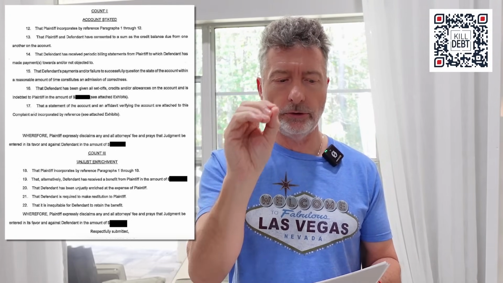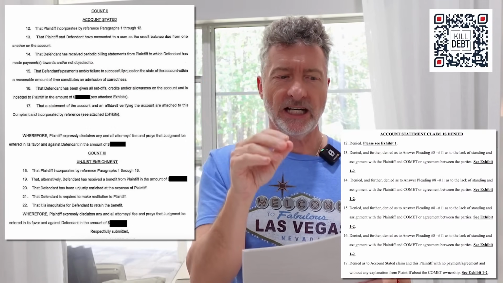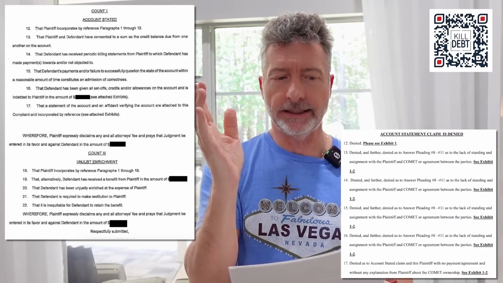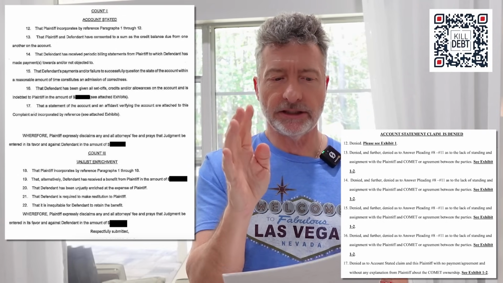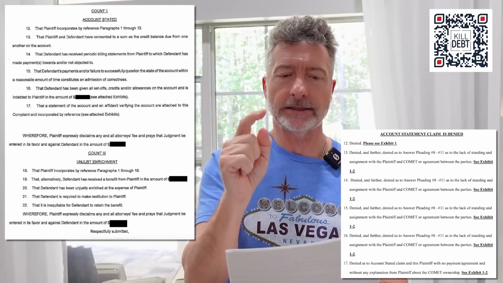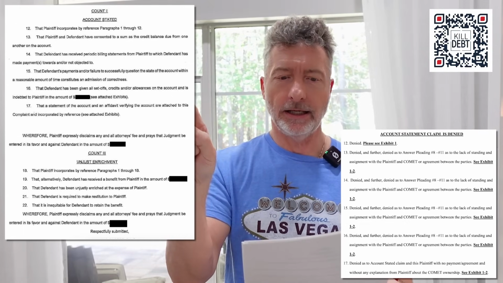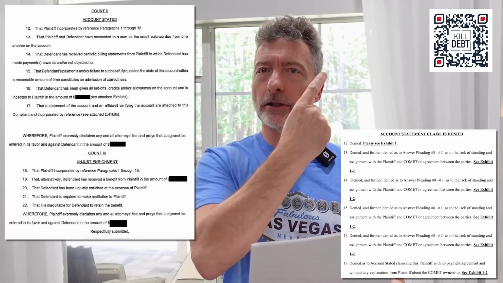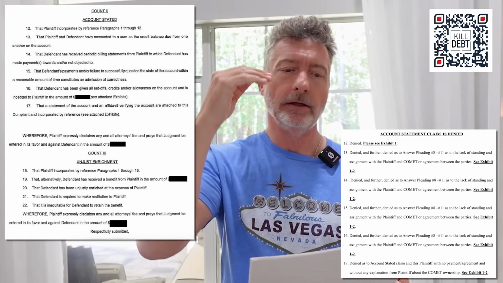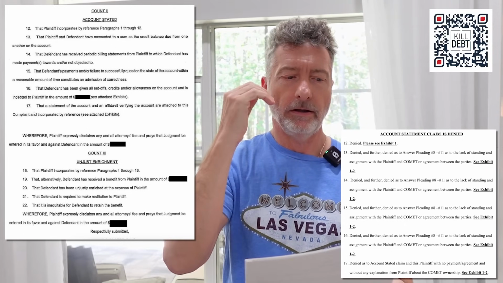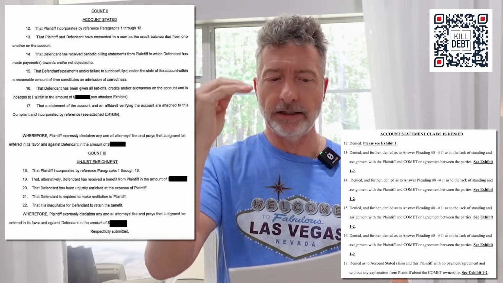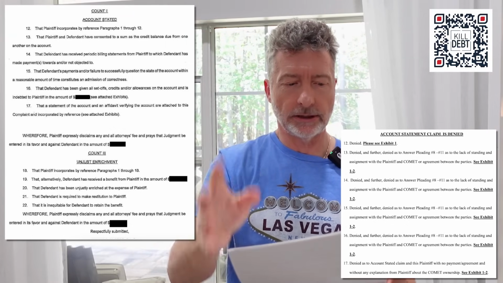So what you do is, look at number 12. Let me put up 12 through 17. Shazam. And that's denied, obviously, see Exhibit 1. Number 13, denied and further denied as to pleadings 8 to 11. You've already done that, so you just say, look at 8 through 11. And 14, look at 8 through 11. 15, denied and further, look at 8 through 11.